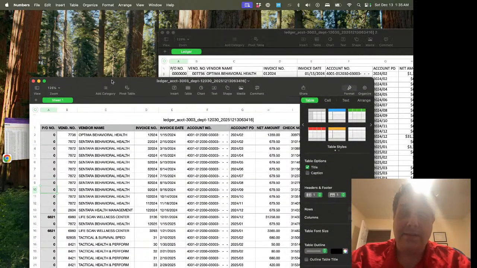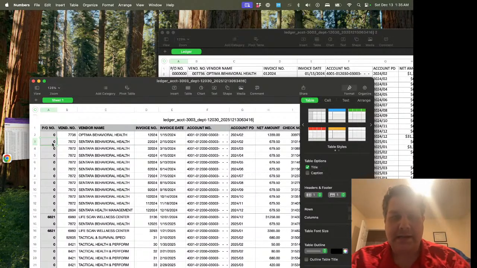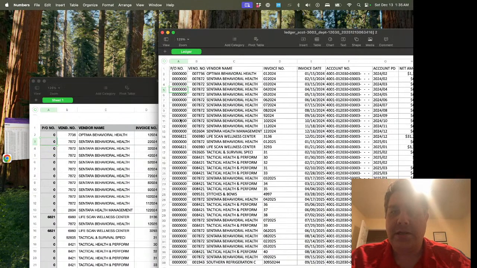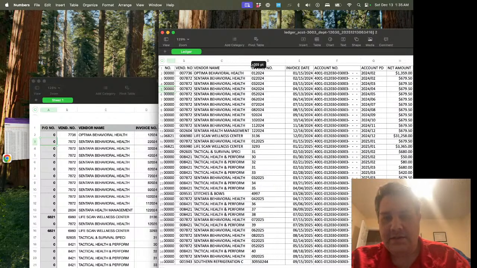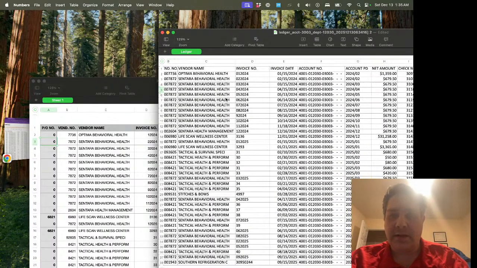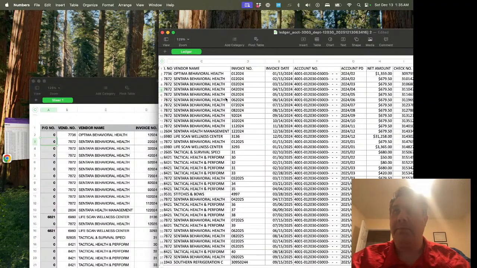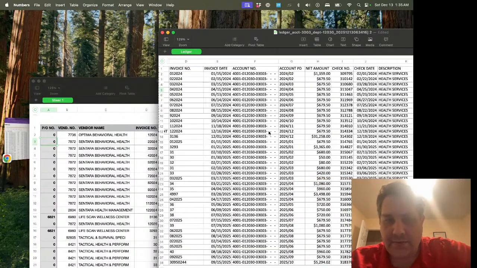Now the CSV file itself actually has like 7 zeros for that PO number. It's just that the number is recognized as a number and decided to format it and remove the padded zeros, whereas with a spreadsheet I was able to retain the padded zeros. I can also set the width of these columns, so that's why the vendor name is a little bit wider than the others, because I manually modified that width.